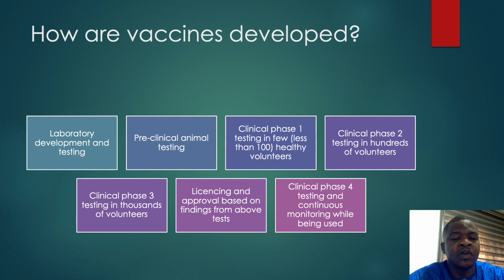After that it's introduced, and even when it's introduced, there's also a clinical phase 4 trial and continuous monitoring to see if there are serious side effects that were not picked up earlier or that become evident when you use it in a very large or very diverse population.